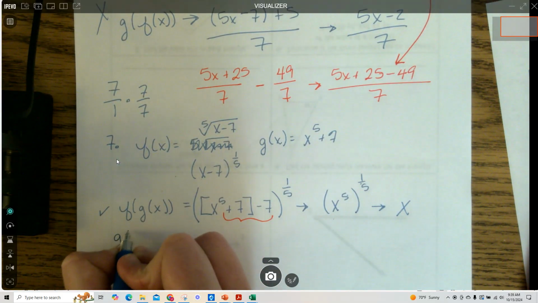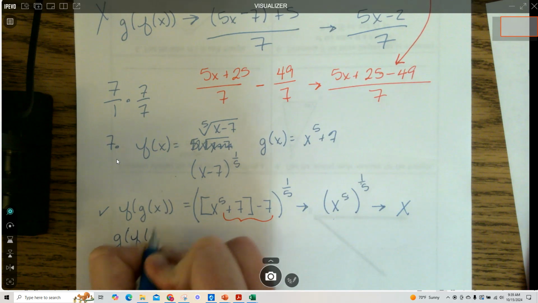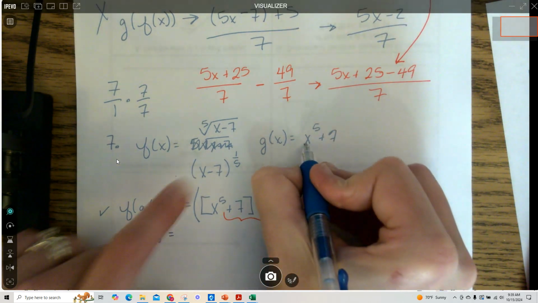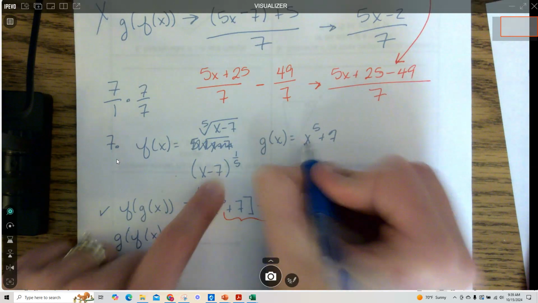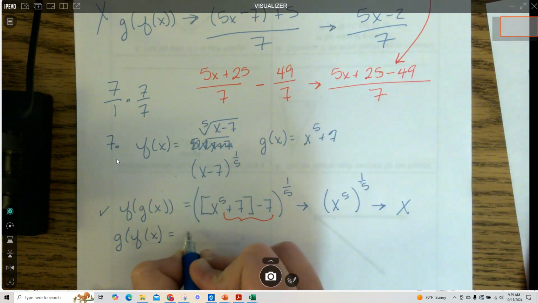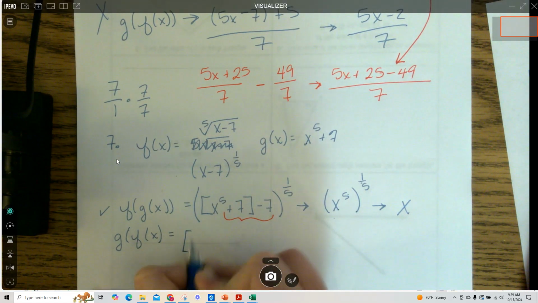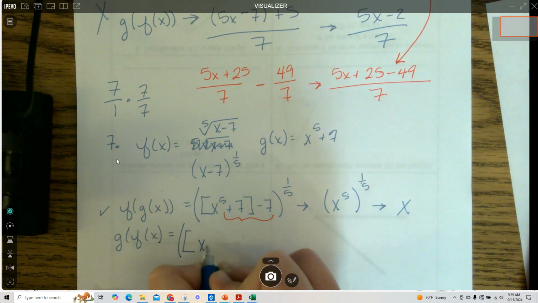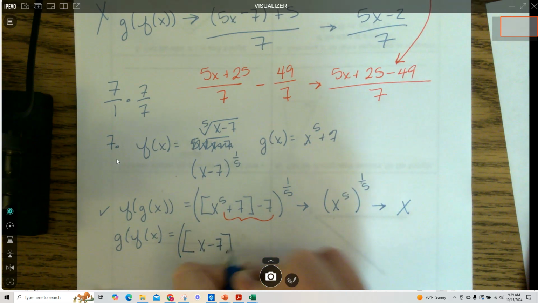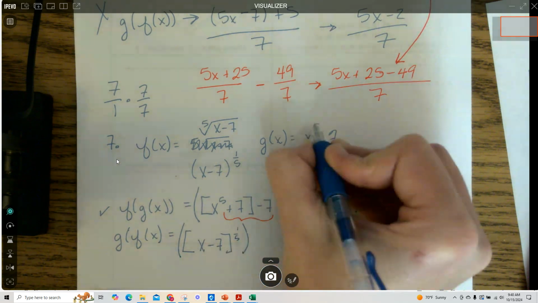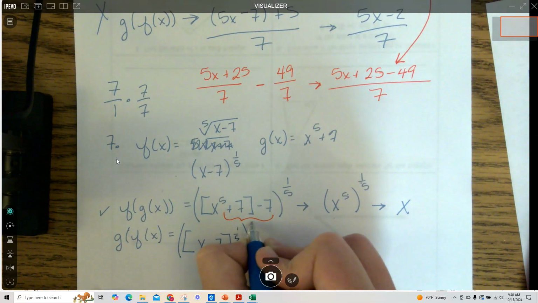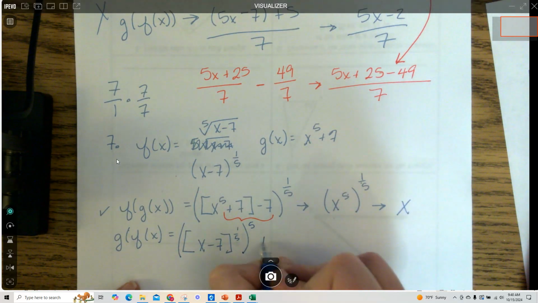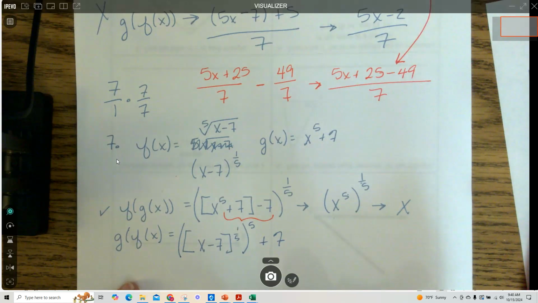Then we do the opposite: g of f of x. So this x, I'm going to make this. So I'm going to have x minus 7 to the 5th to the 1/5 to the 5th power plus 7.